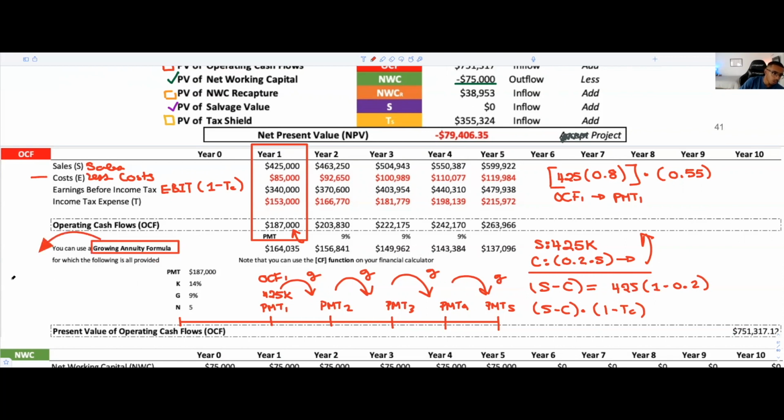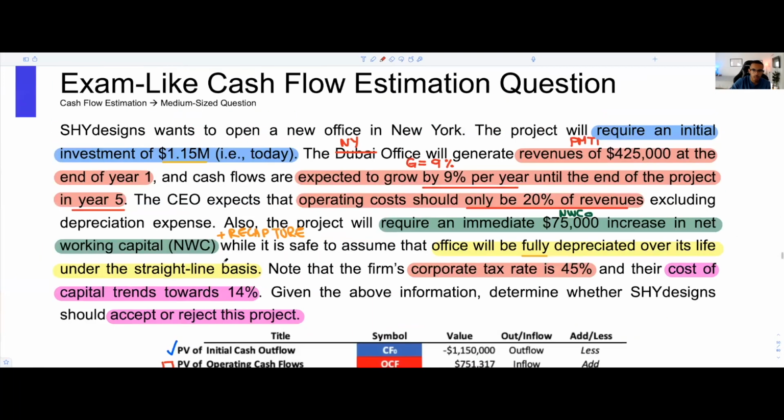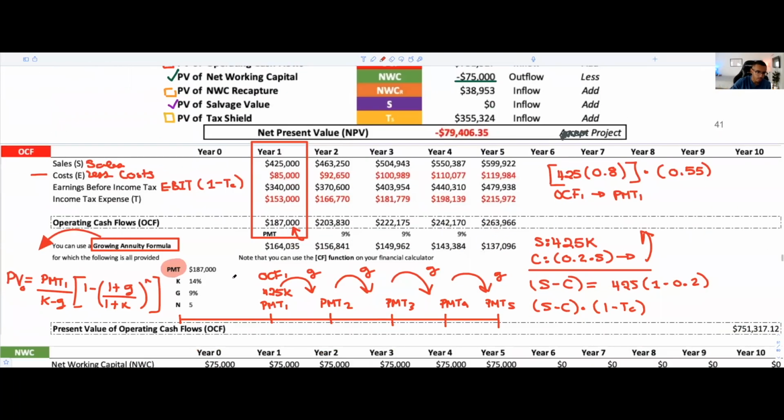So to find the present value of a growing annuity, all you have to do is payment 1 over K minus G, times 1 minus the quantity 1 plus G over 1 plus K, to the power of N. I'm pretty sure I'm doing this correctly. You just plug all of that in. The reason this is interesting is that you know your payment, you know your K is equal to 14%, your G is 9%, and your N is 5.